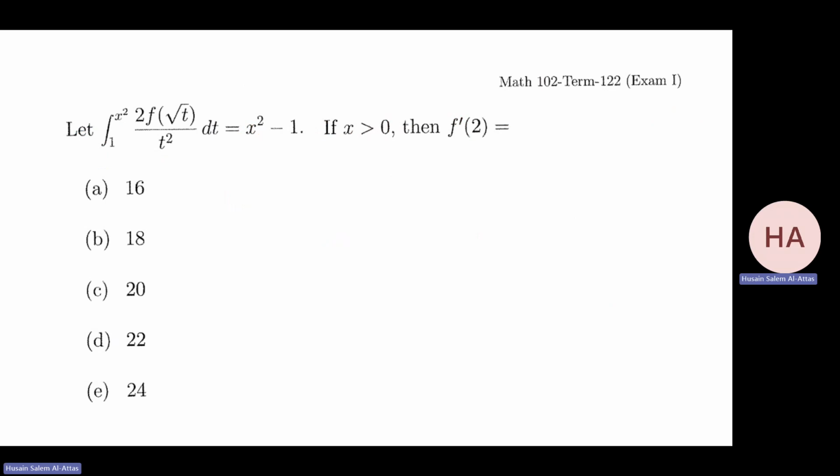Okay, derivative. No, it's not a direct one. He said, I have this relation. You want to find f prime at 2. What I will do, differentiate the equation, differentiate both sides. What you will get, I need the fundamental theorem of calculus.